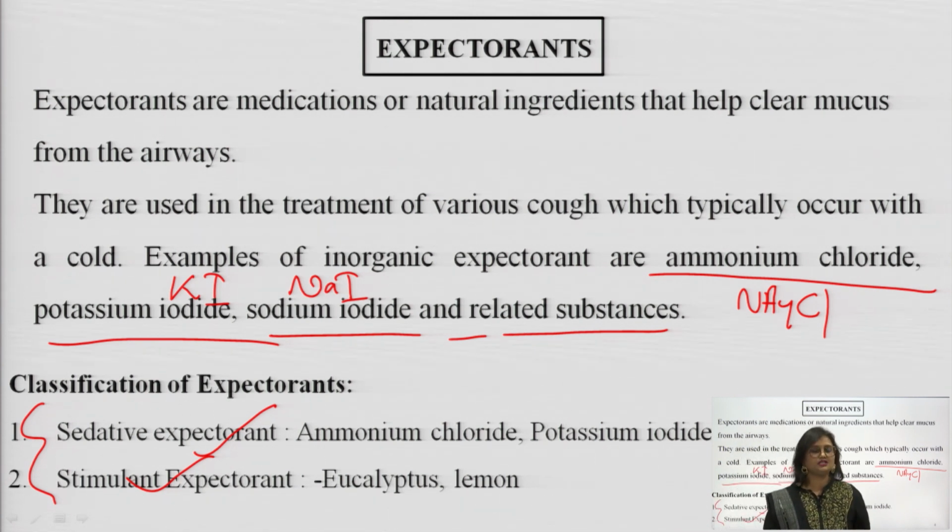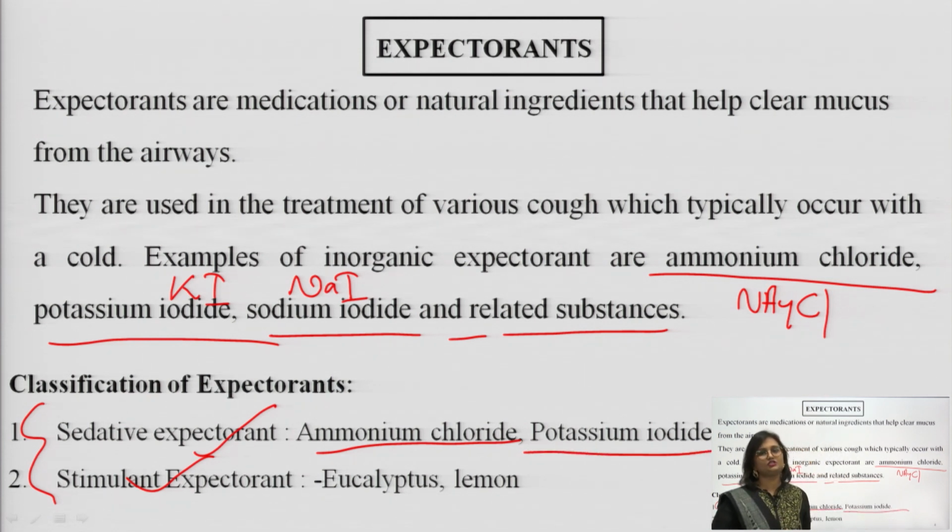Sedative expectorants cause sedation, though they help in clearing out the mucus. Examples are ammonium chloride and potassium iodide. These two come under the subheading of sedative expectorants.